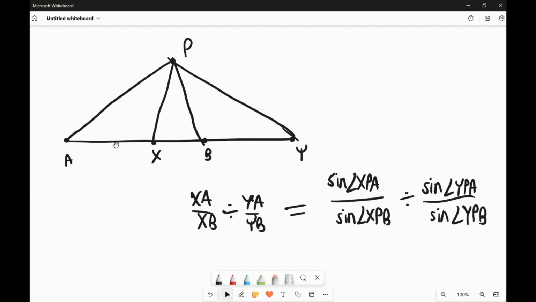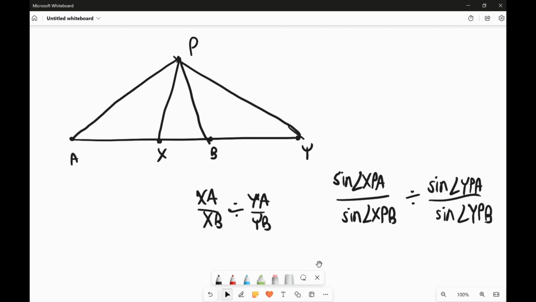And this is the basis behind projective geometry. So how do we prove this? Well, the main tool we're going to use is the law of sines, because we have these angles opposite to these sides on the line, so we're inspired to use it.